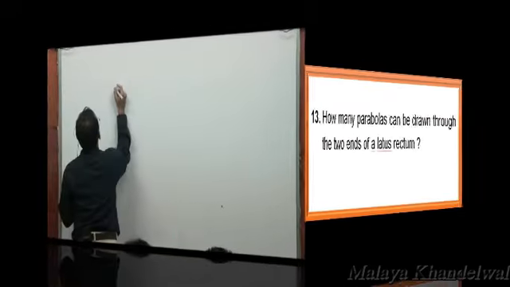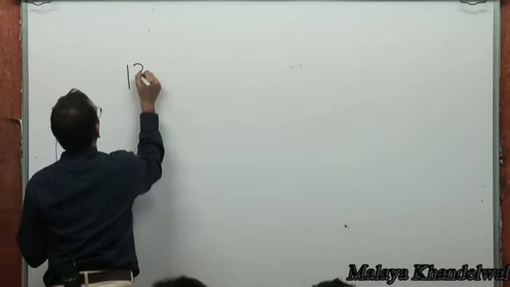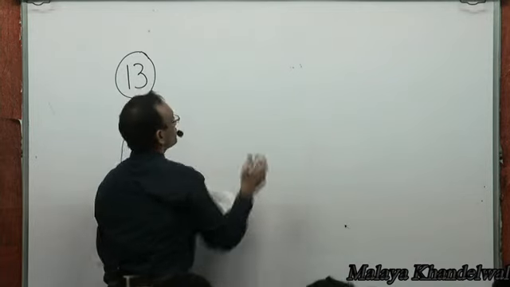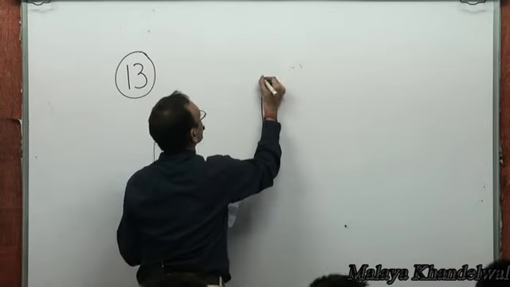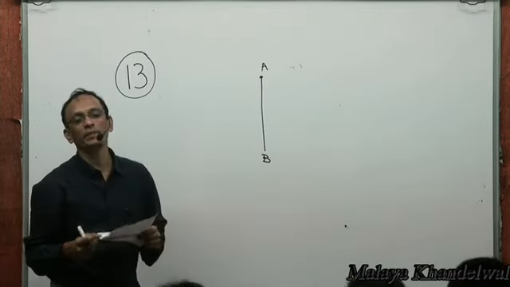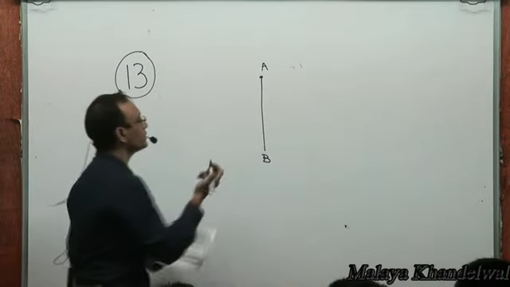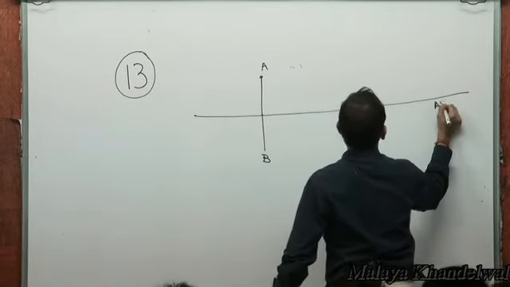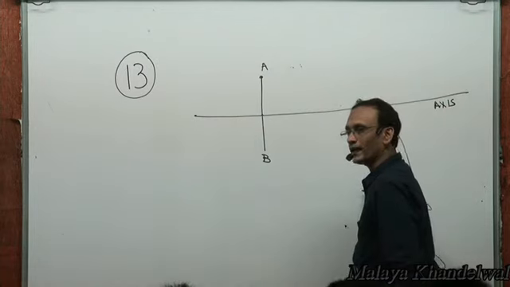Number 13. Given the latus rectum AB, how many parabolas are possible? 2, very clearly, because the perpendicular bisector of the latus rectum must be the axis, so the axis is known, right?